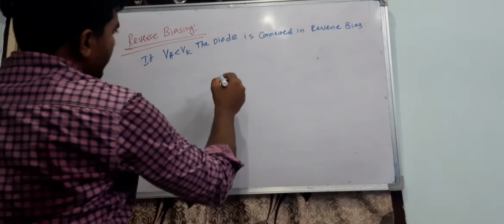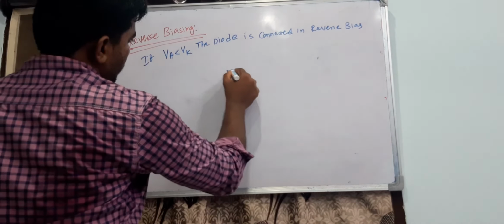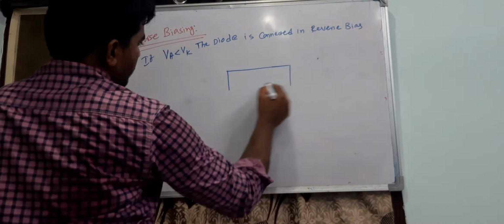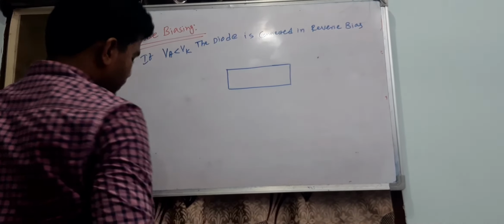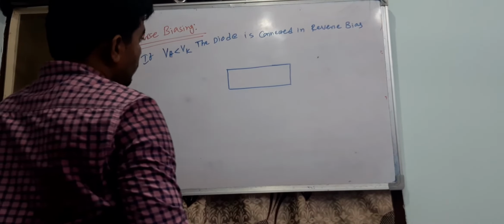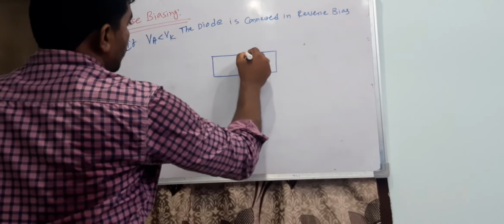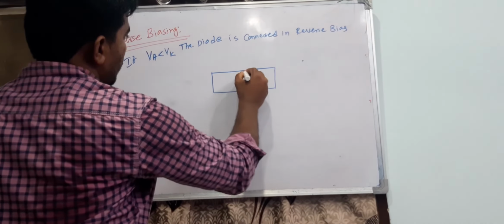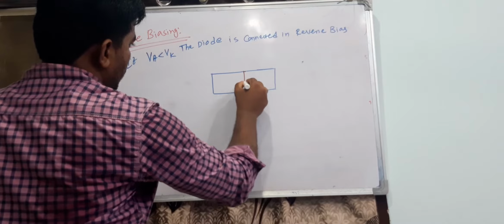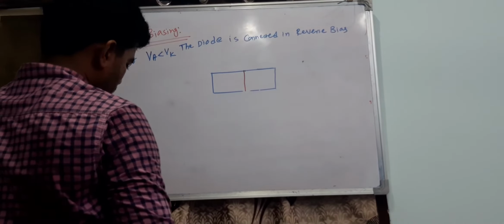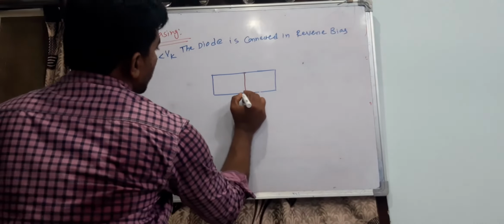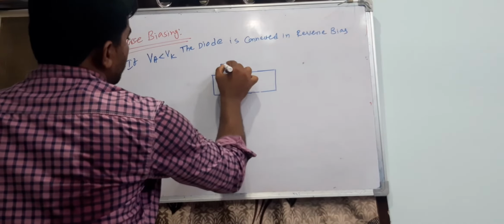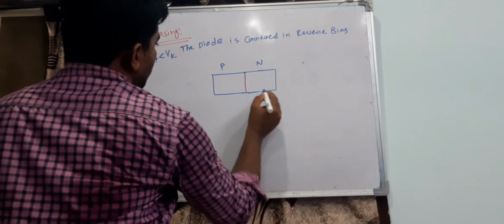So if you see the diagram, this is the p-type and this is the n-type impurity.